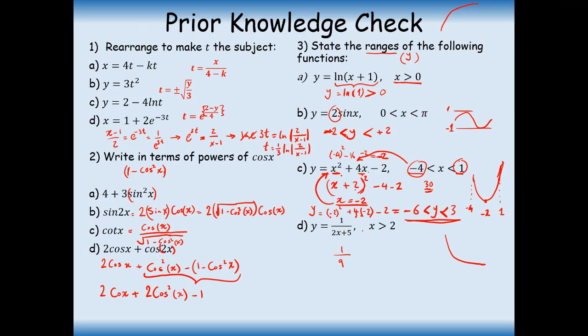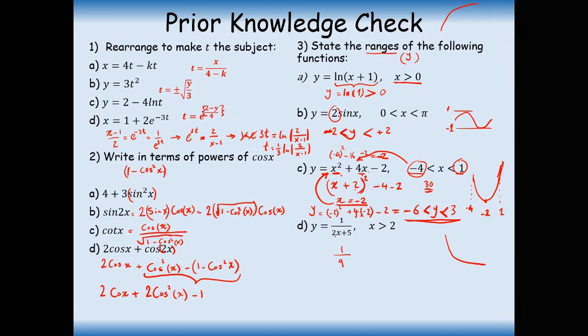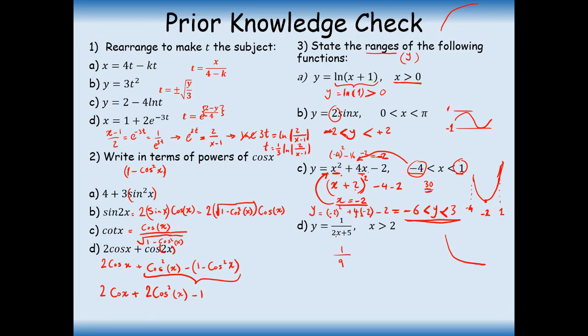Now, that means that the minimum for y is achieved when x is as high as it can be. So x value will always increase.